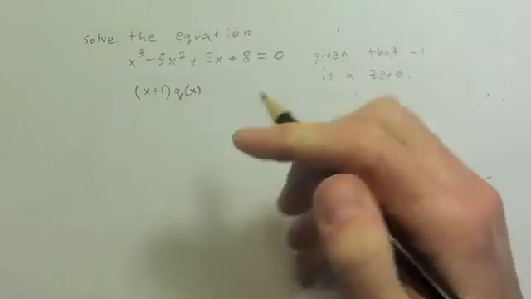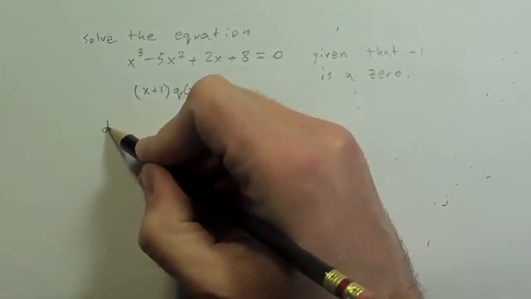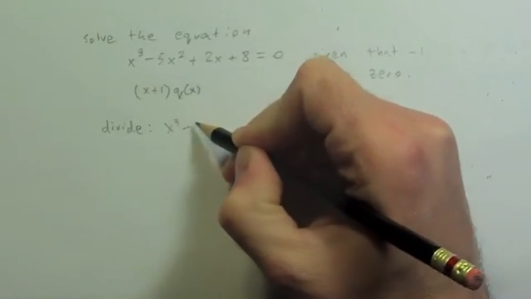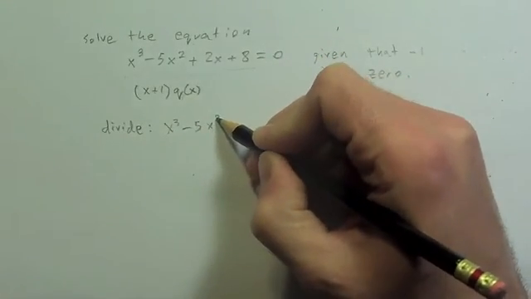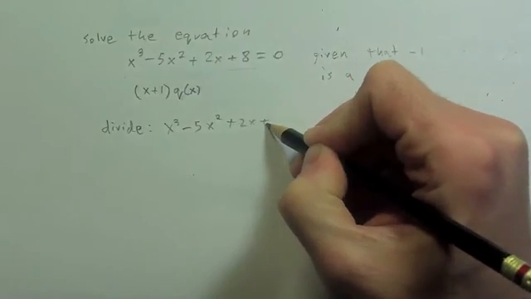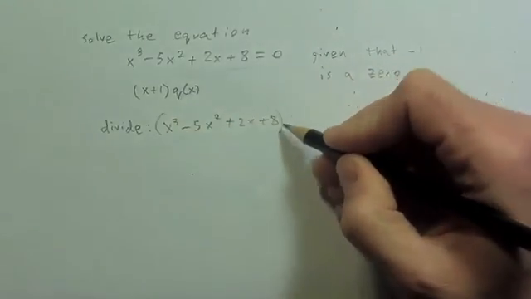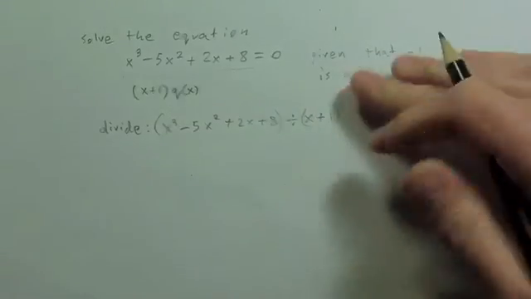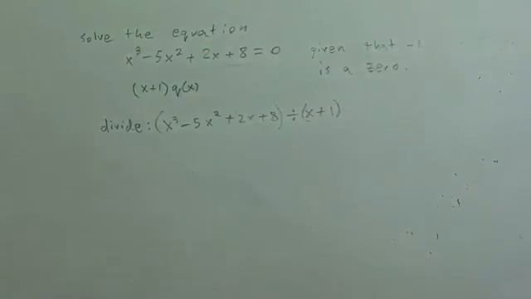So let's divide our x cubed minus 5x squared plus 2x plus 8 by this x plus 1 and see what we get.